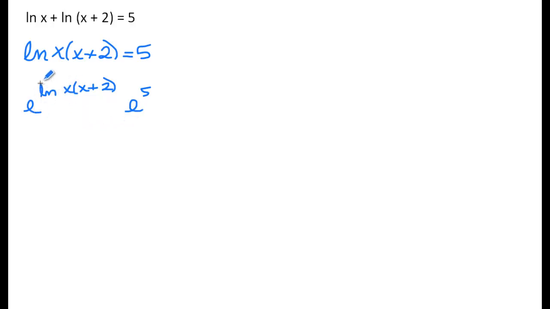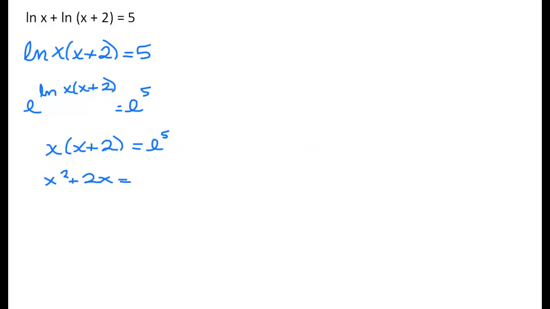So this nicely goes away, and we get x times x plus 2 is equal to e to the 5th, or x squared plus 2x is equal to e to the 5th, which won't be a nice number.